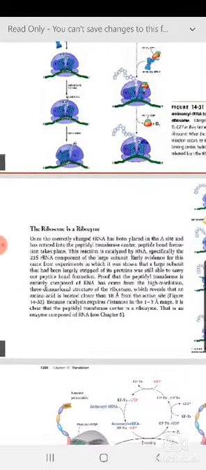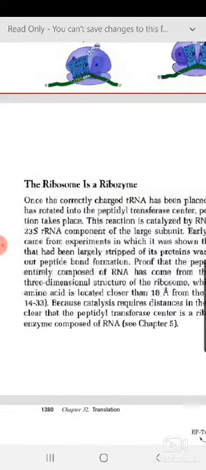Now what is the second step? The second step is the peptidyl bond formation. You need to understand one thing, this peptidyl bond formation reaction is solely catalyzed by RNA, not any enzymes. The rRNA present in the bigger subunit of the ribosome, particularly for prokaryotes, the 23S rRNA, takes part in this peptidyl-transferase reaction.